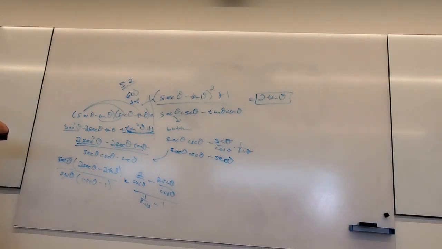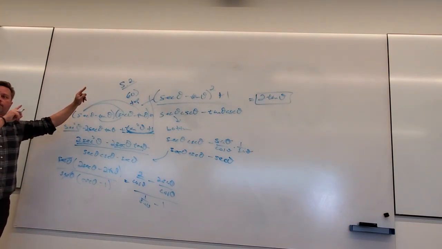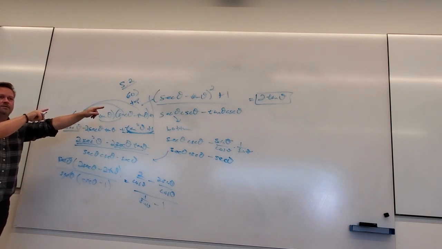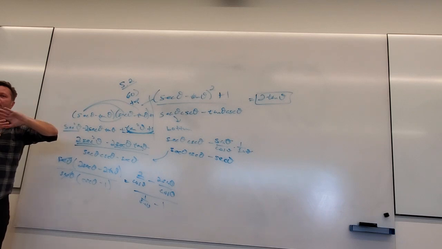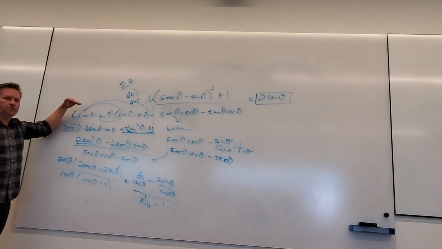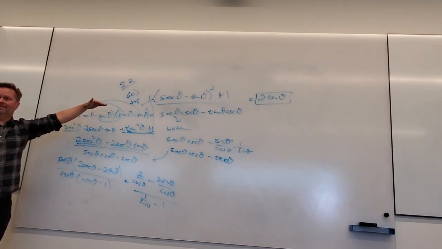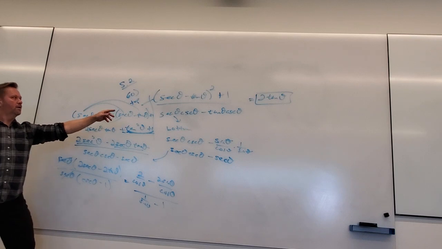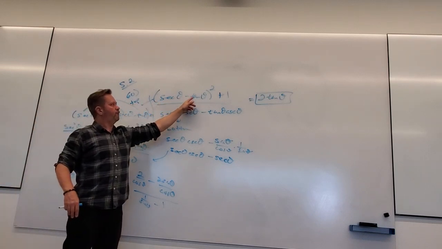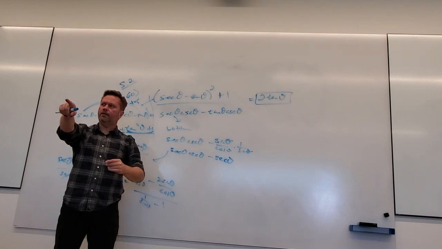Now listen, guys, are you relatively okay with everything I just did? And again, how important is this specific problem? It's not important at all. What's important is, why did I do what I did? I noticed if I did FOIL this, I'd have squared stuff, and the Pythagorean identity would come into play.